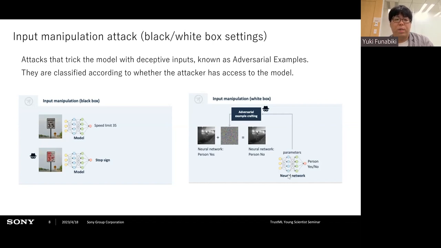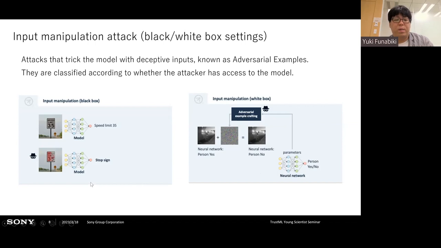In the black box setting, the attacker can get the output label or output confidence. In that case, you can imagine that the attacker can manipulate the image, for example some red color in this example.